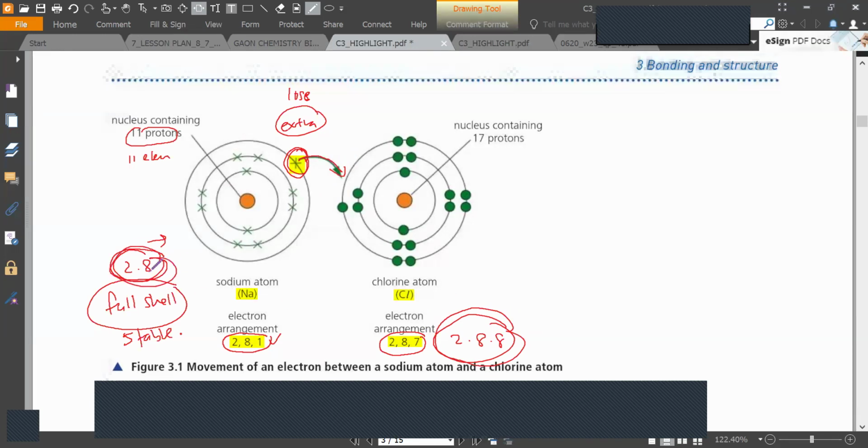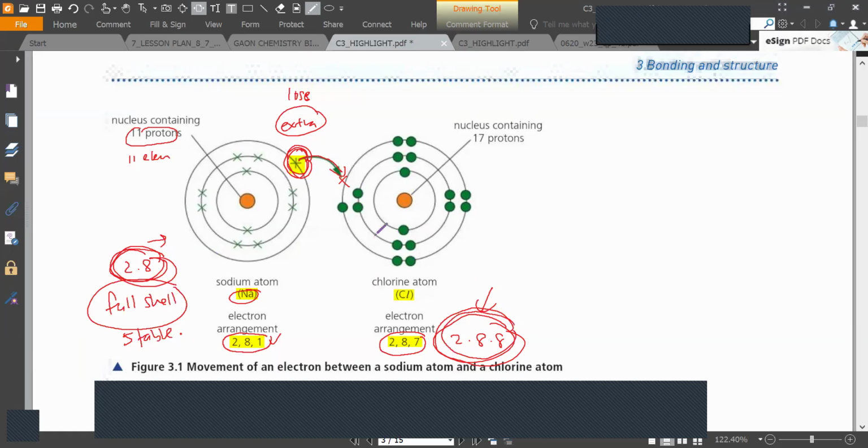Sodium will only lose 1, not 2, 3, or 4, because losing 1 gives the full shell. Chlorine is the same. It will only take 1 electron, not 2, 3, or 4. It just reaches the full shell and then it's done.